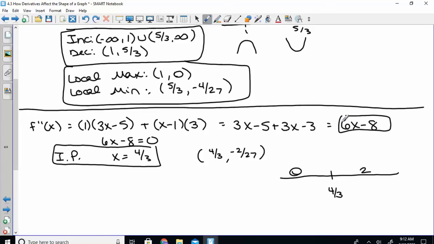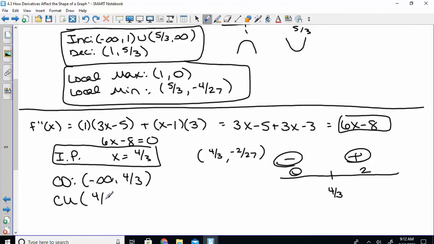If I put a 0 into my second derivative, we get a negative. If I put in a 2, we get a positive. So this graph is concave down from negative infinity to 4/3, and concave up from 4/3 to infinity.